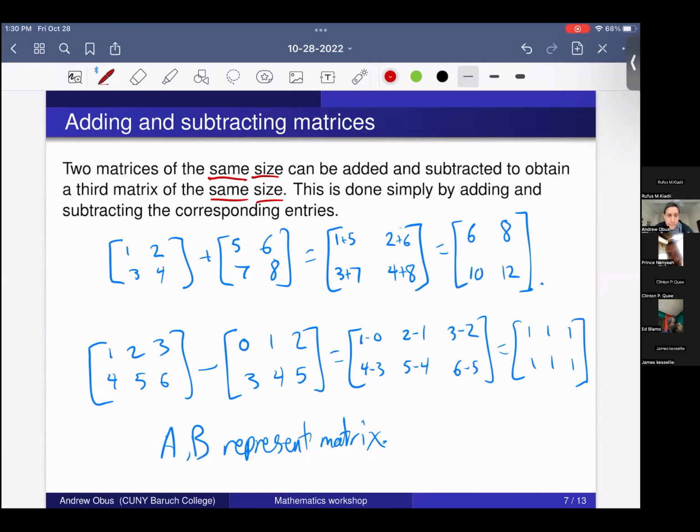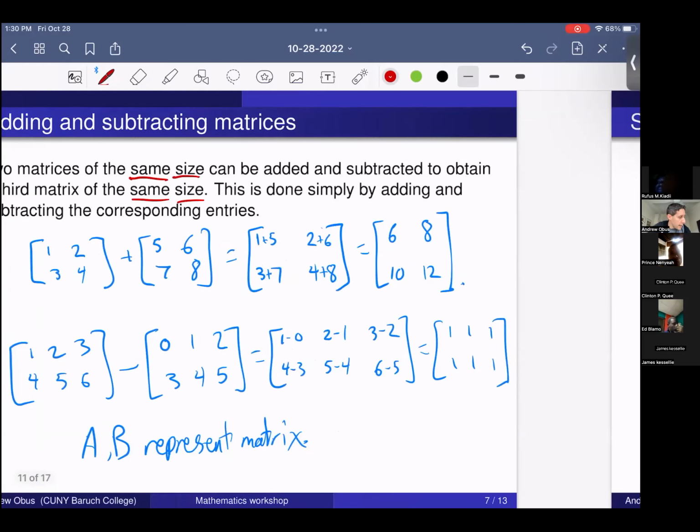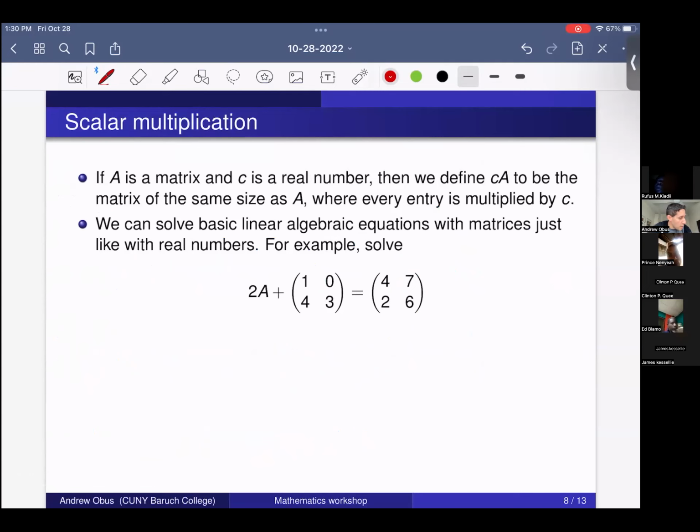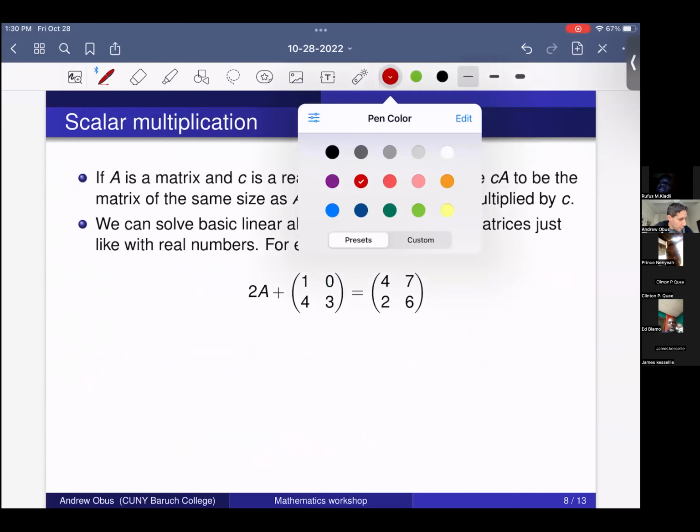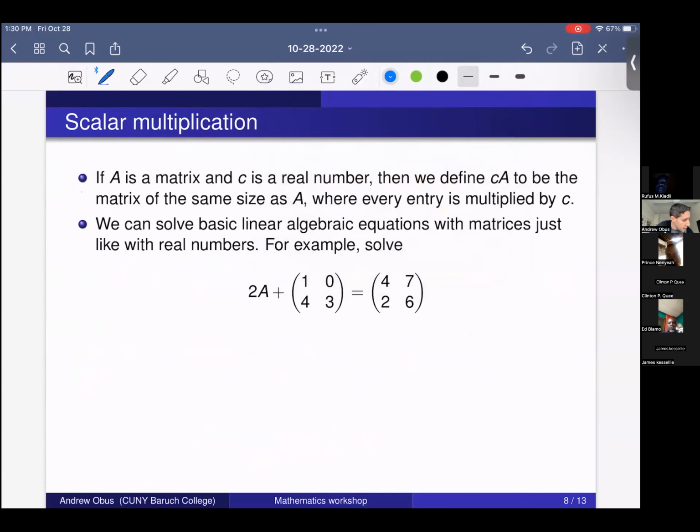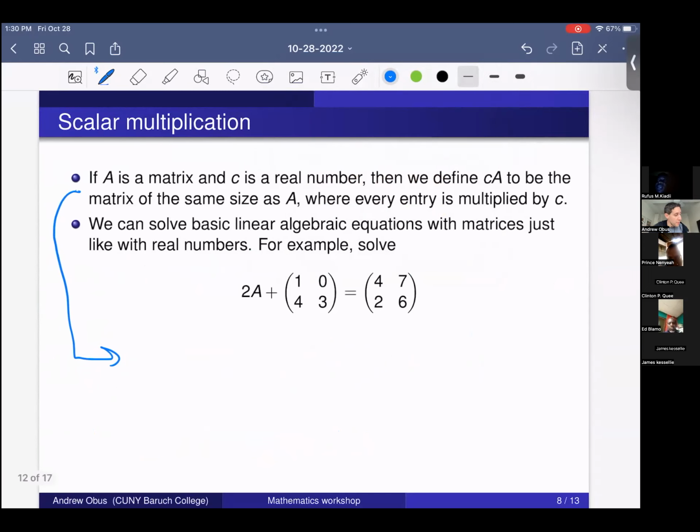The last thing I want to do today is easy, and I want to do it so that you can do the homework. The multiplication will wait until next time. If I have a matrix and a real number, I can multiply the matrix by a real number, just like with a vector. If I have a vector, I can multiply it by 2 or by 3. I can do the same thing with a matrix.